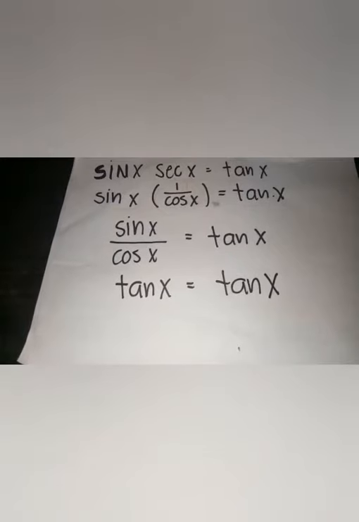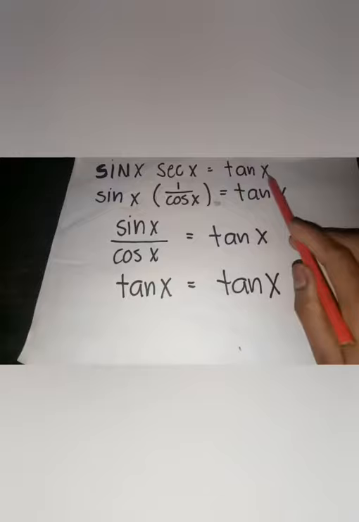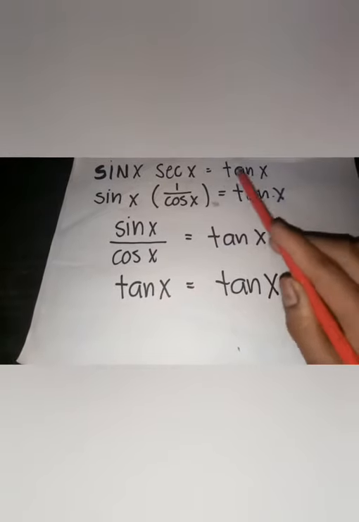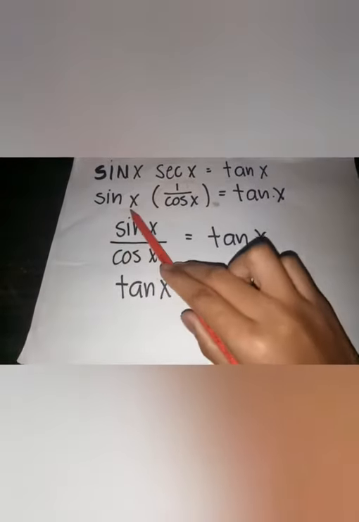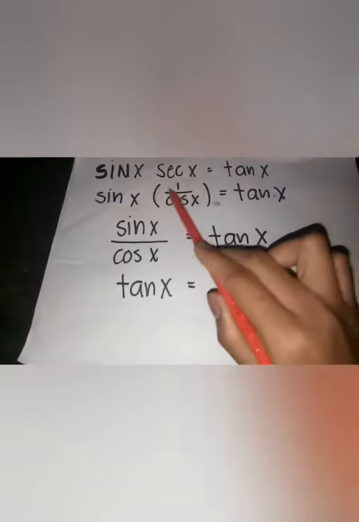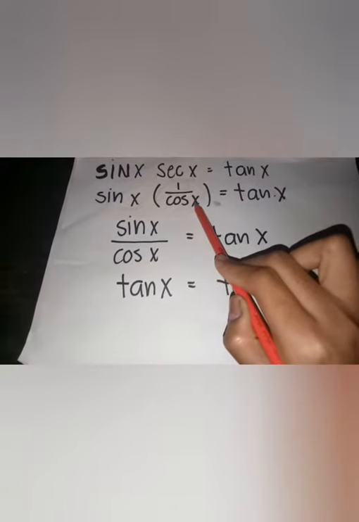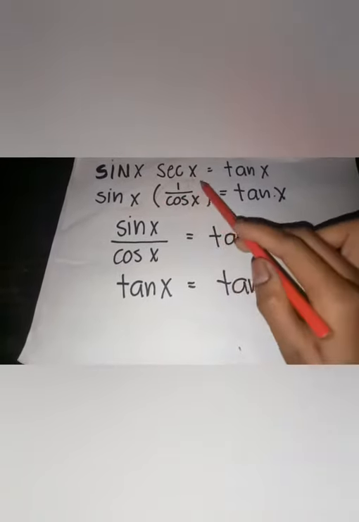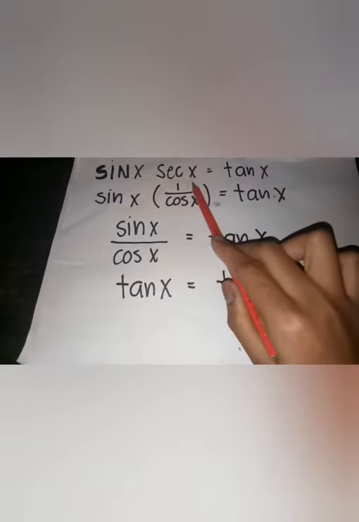For the first example, the given equation is sin x times secant x is equal to tangent x. This will be sin x times 1 over cosine x, because 1 over cosine x is equal to secant x.